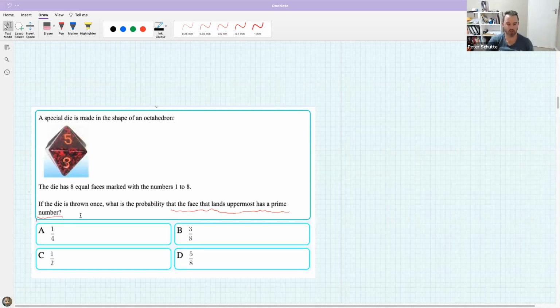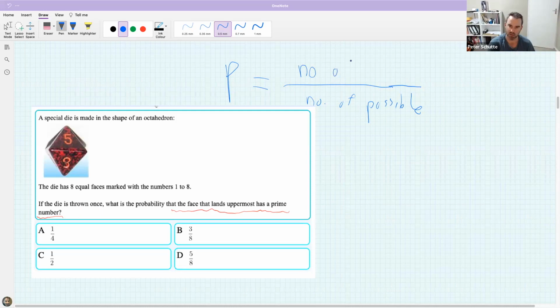So I want you to think about the definitional formula for probability, which is how many possible outcomes, and then for this particular event question, how many favorable outcomes are there? And that will tell us what the probability of this thing happening is.